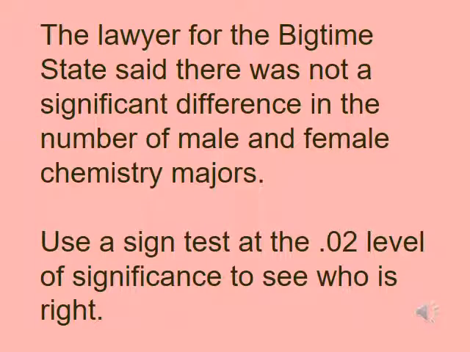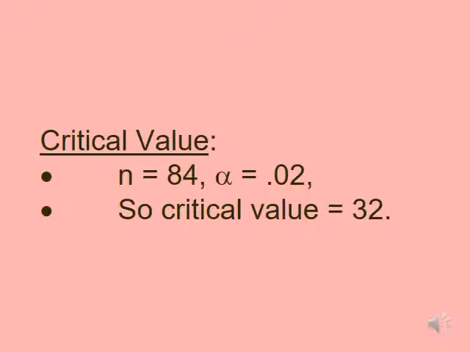The lawyer for Big Time State said there was not a significant difference in the number of male and female chemistry majors. And it says we're supposed to do a sign test at the .02 level of significance to see who's right. And again, the numbers they gave us were 50 men and 34 women.